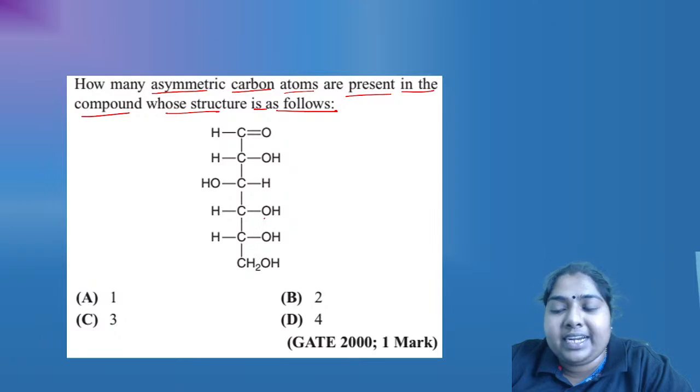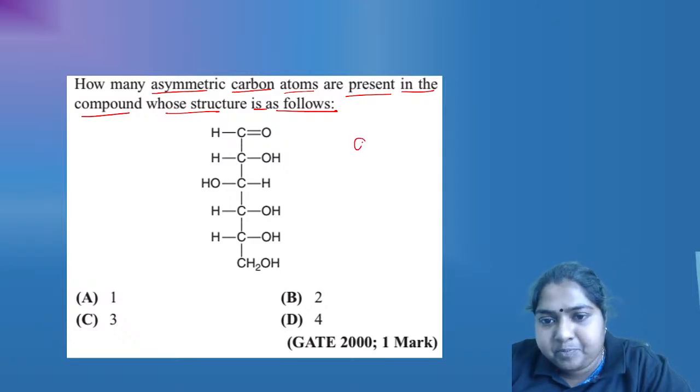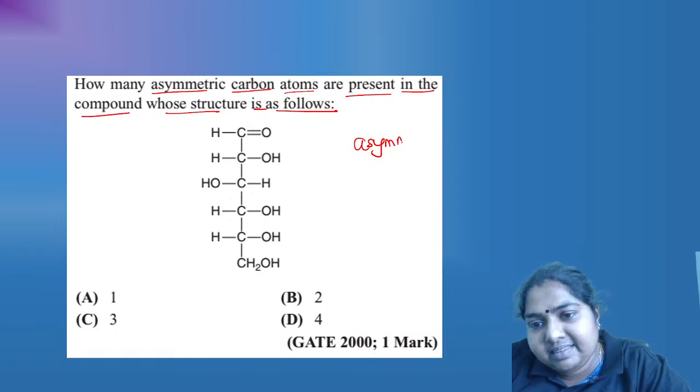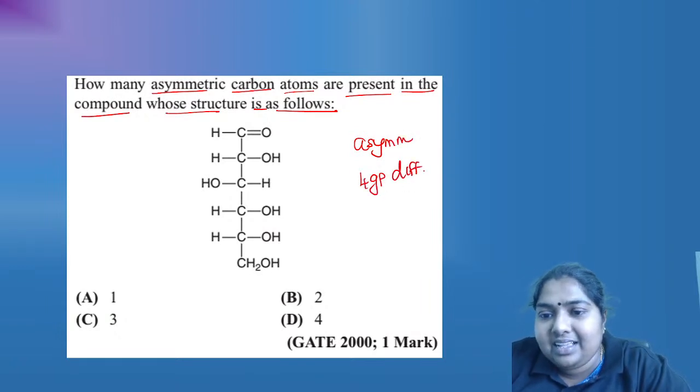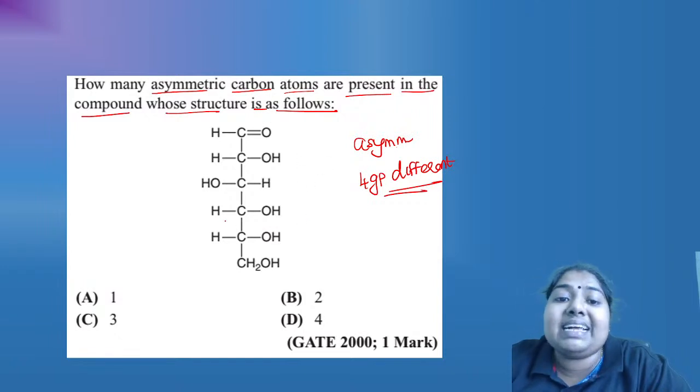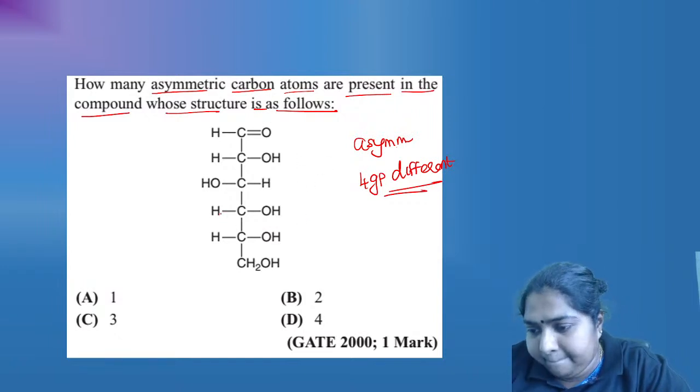You are going to find out how many asymmetric carbon atoms are present in this molecule. What is asymmetric? Asymmetric means all the 4 groups must be different. If all the 4 groups are different, then only you call it as asymmetric. Okay. So in this molecule, how many asymmetric carbon atoms are there?